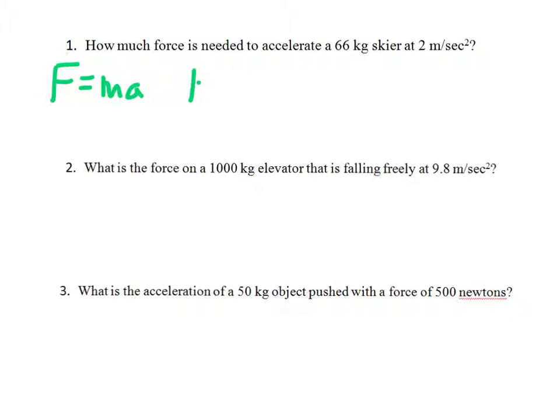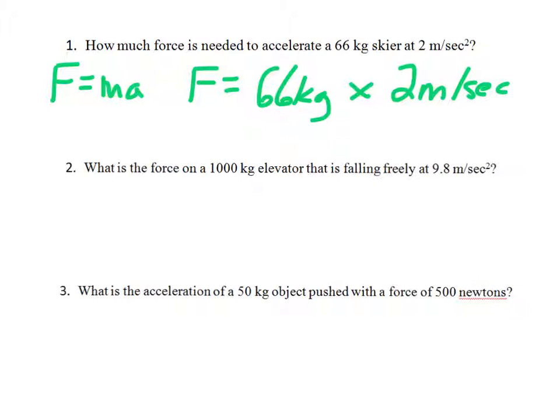Our force is going to equal that mass of 66 kilograms multiplied by 2 meters per second squared. Once we plug this into our calculator, we find out that the force needed is 132 newtons. So that's number 1.